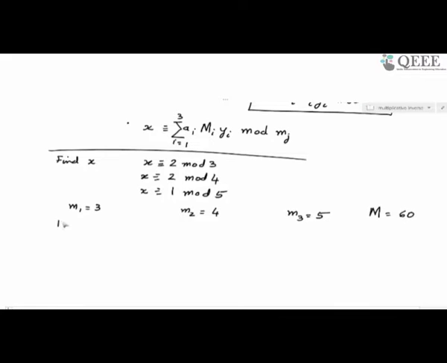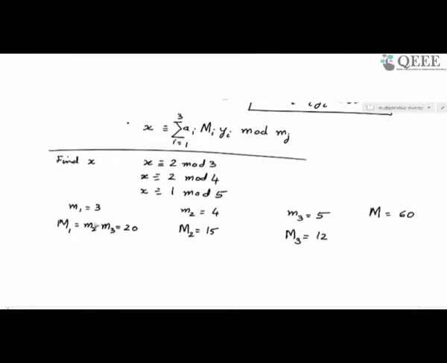Now we define the smaller terms: M1 is equal to m2 into m3, which is 20, and M2 in a very similar way is 3 into 5, that is 15, and M3 is 3 into 4, that is 12.